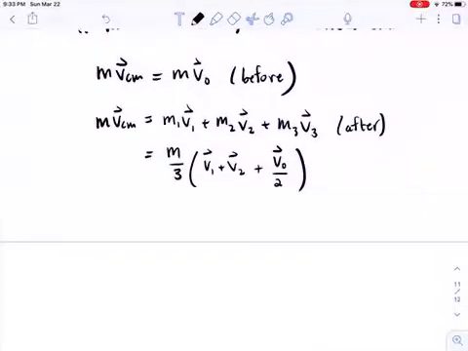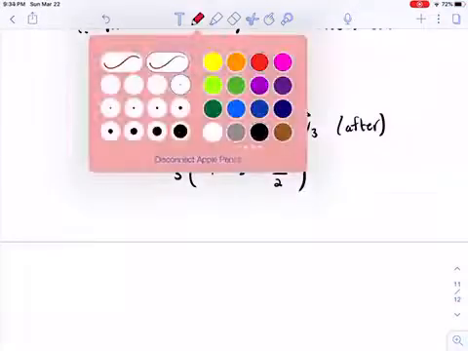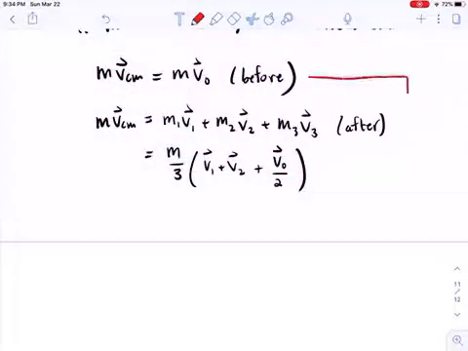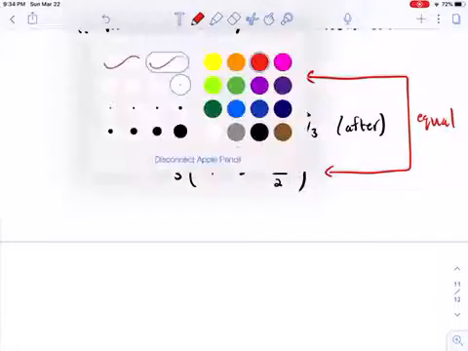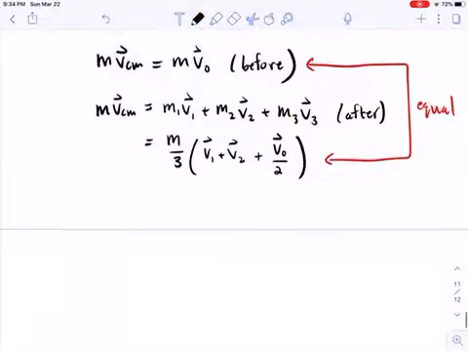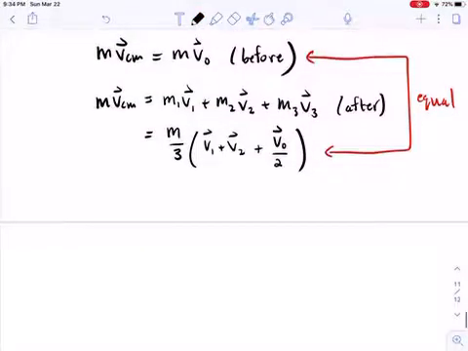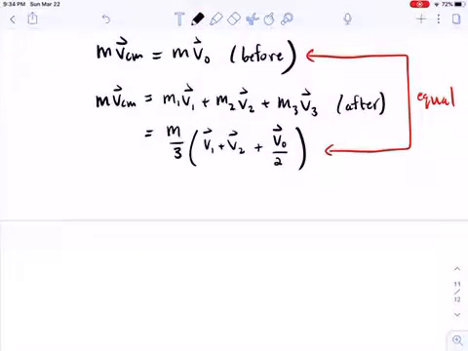So we just set the momentum before and after equal to each other. That's conservation of momentum. When we set them equal to each other, both have an expression of the total mass of the rocket, and so that's going to cancel.